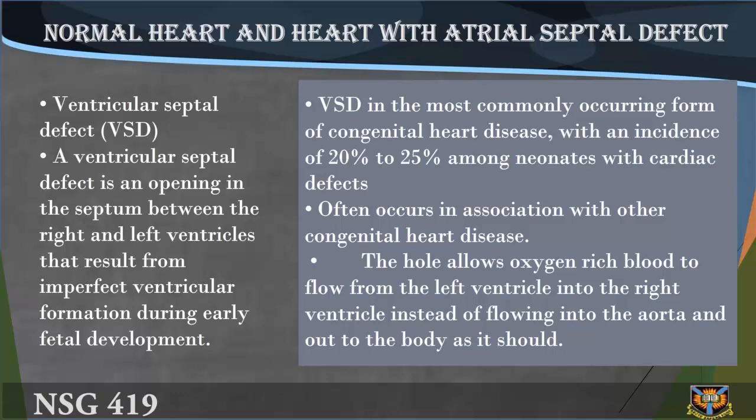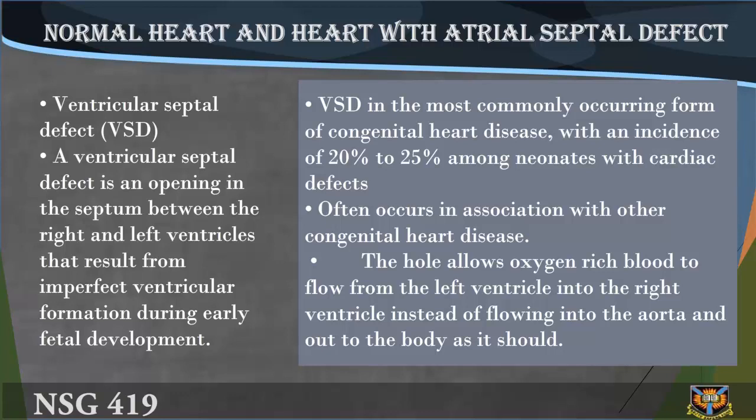Ventricular septal defect, VSD. A ventricular septal defect is an opening in the septum between the right and left ventricles that results from imperfect ventricular formation during early fetal development. VSD is the most commonly occurring form of congenital heart disease, with an incidence of 20% to 25% among neonates with cardiac defects.